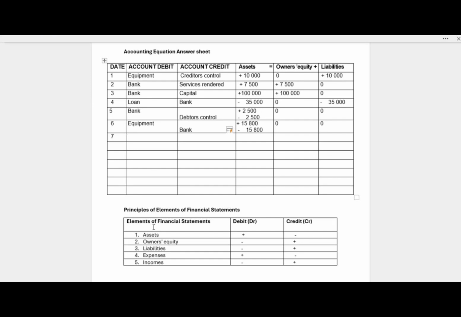So look, whenever liabilities are decreasing, we debit. So it means we must come here and debit what? Our creditors control. Right? And then we are going to credit our bank because we made a payment. And then we come to our asset, we say bank is an asset and it's decreasing. We're going to say minus 2,800. That's what we paid. And then in this transaction, owner's equity is not affected.